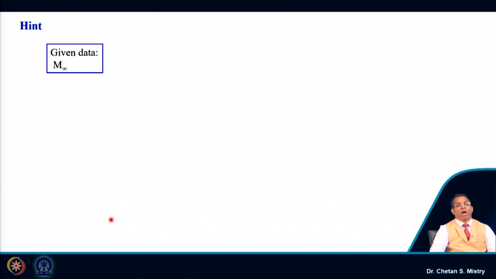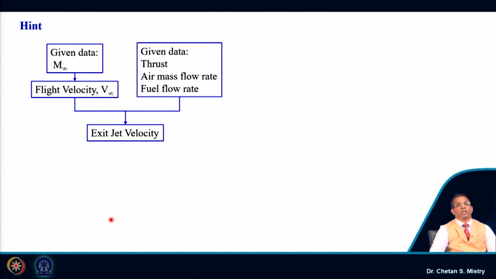What we know is the mass flow rate. The flying Mach number is given, and from that I can calculate my flight velocity. Other information I have is the air mass flow rate, fuel flow rate and the thrust value.